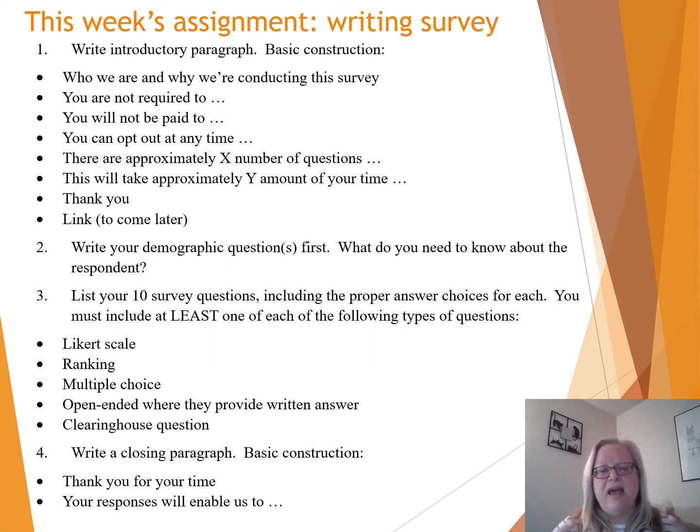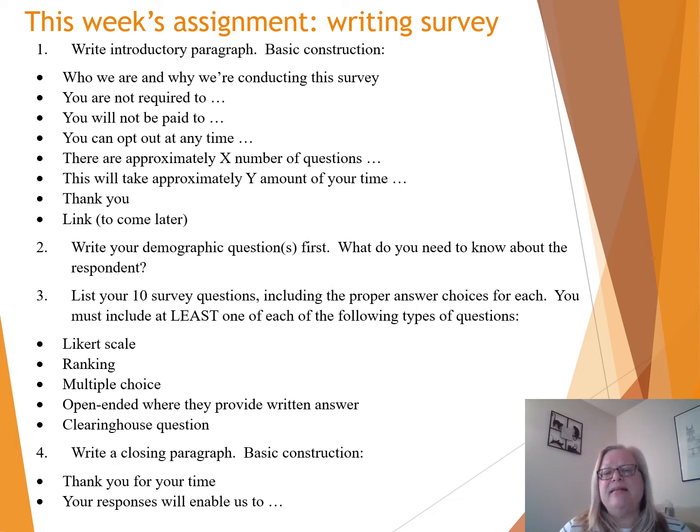So if you were to say, like, are you a WMU student? If yes, continue. If no, skip down to question 10 or however you're structuring your survey. So you can use those demographic questions as those filters as well. But put those first, only ask the ones that are useful and necessary to the body of survey questions that you're asking. Okay.